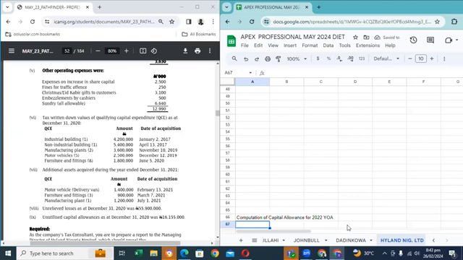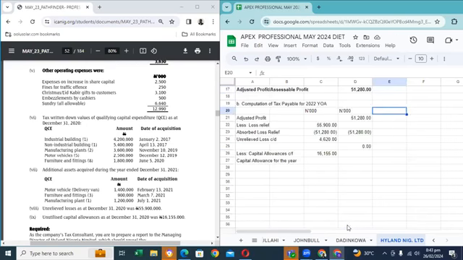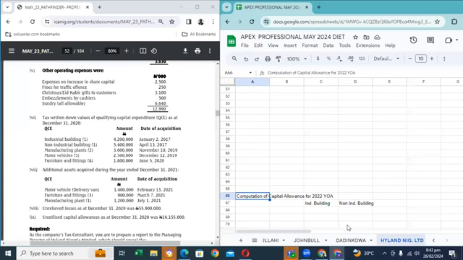So what are the assets that we have? We have industrial building. You have none. Non-industrial building. Manufacturing. Industrial plant.